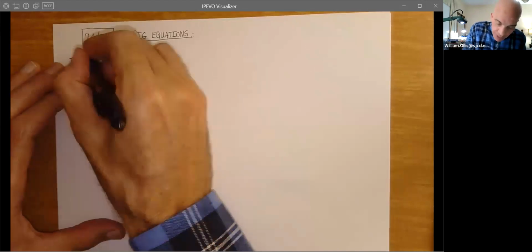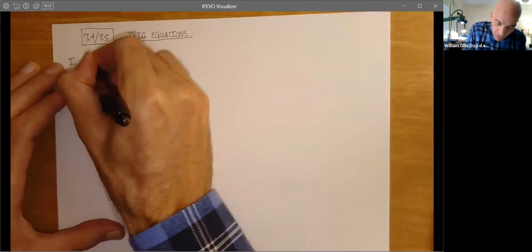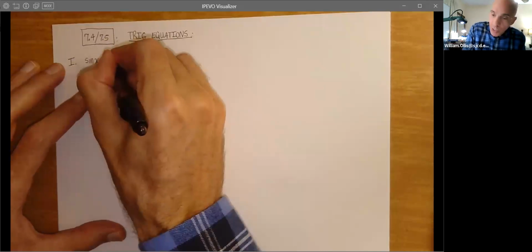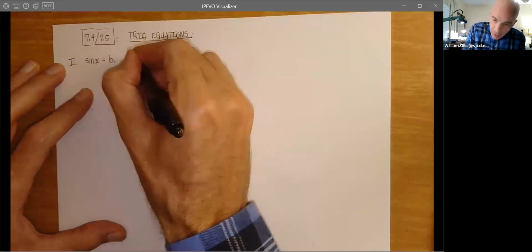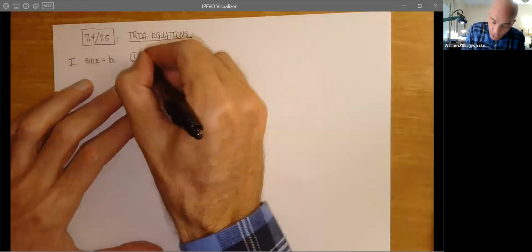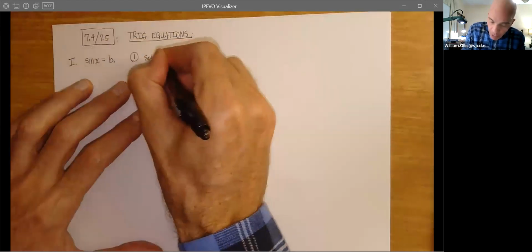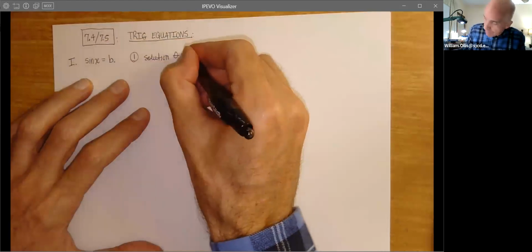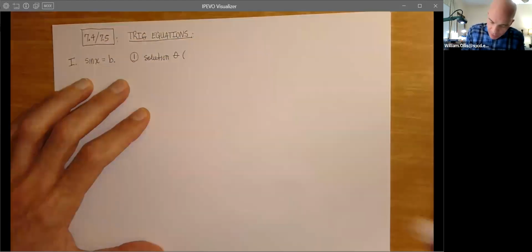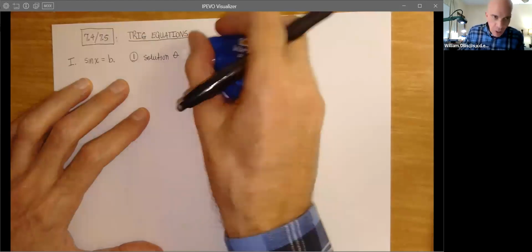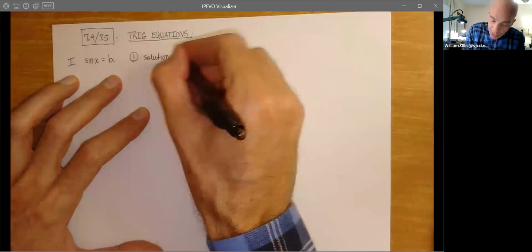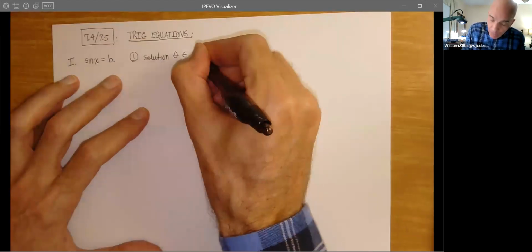So if we have sine of x, the argument, equals b as a legitimate equation, we'll say we have a solution theta. You can call that theta or phi or whatever. I'm just going to call a solution theta, and it lives in the upper arc.